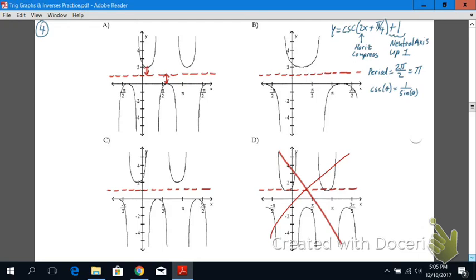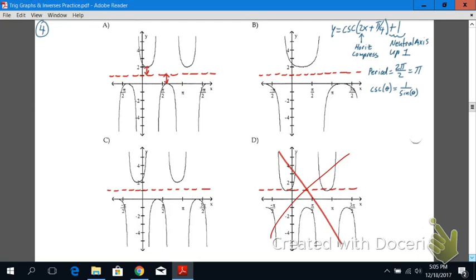A period of pi instead of 2 pi is going to make things squishy. If you look, all these scales are the same, going from negative pi over 2 to 3 pi over 2. So it should look squishy, which tells me that B does not look squishy. It looks kind of stretched out, if anything. So I'm thinking B is not going to fit my profile here.